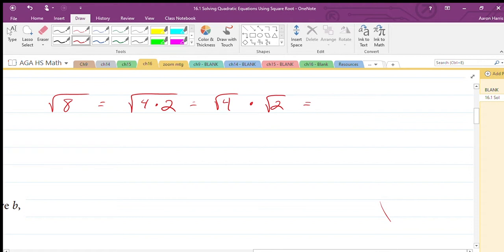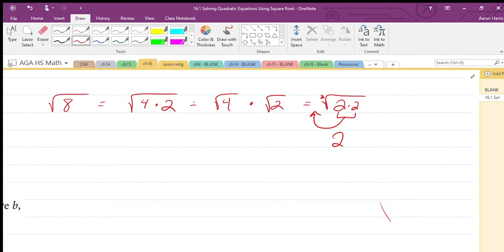And let's delve into that. What am I talking about taking out? 4 is really what? 2 times 2. Since I have a pair, notice that our index is 2. In order for a number to come out, I need to have at least 2 of them here. So I can bring 1 outside of the radical sign. So the square root of 4 is just a plain 2, which we get into plus or minus 2.